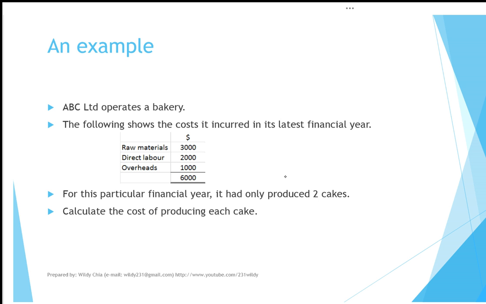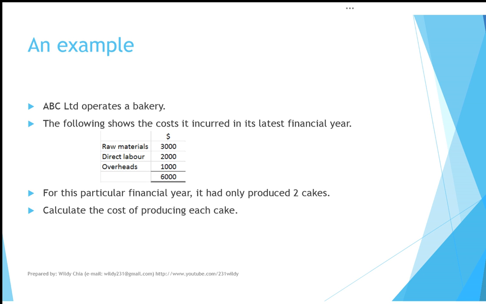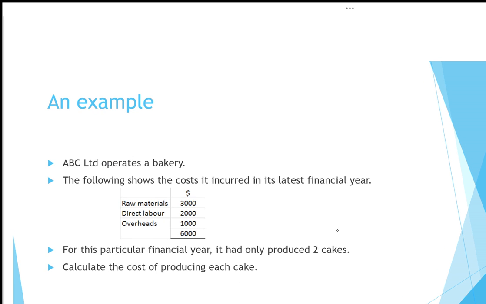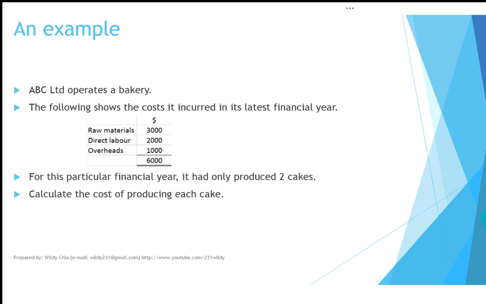So let's look at an example of costing. Take for instance a bakery. The bakery has incurred the following costs, and this will be the case even the following year. The total material cost will be 3,000, the labor cost for that year was 2,000, and overheads were 1,000.